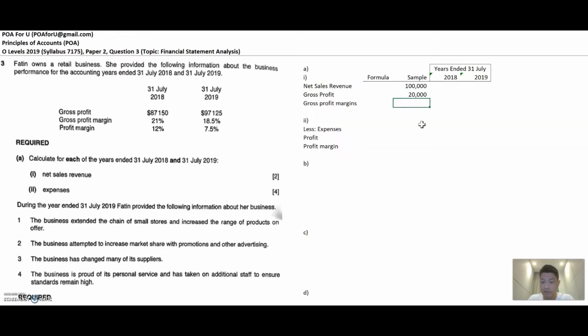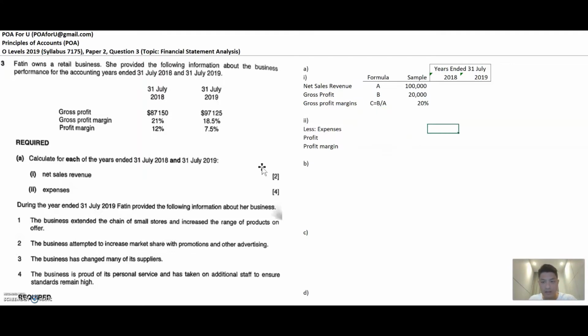So what is the formula for this? Because this is essential to answer this question. It's simply gross profit divided by net sales revenue. Okay, so that's 20%. So if net sales revenue is A, gross profit is B, and gross profit margin is C, then C equals B divided by A. All right, so that's as straightforward as that.